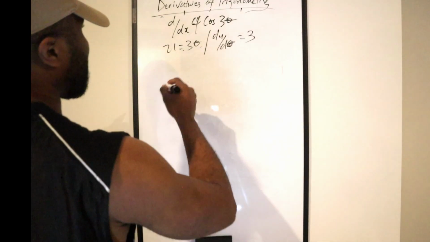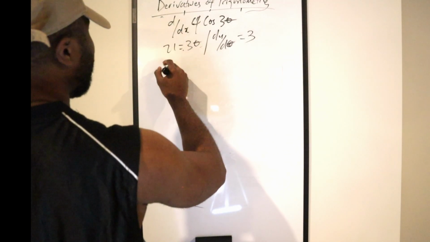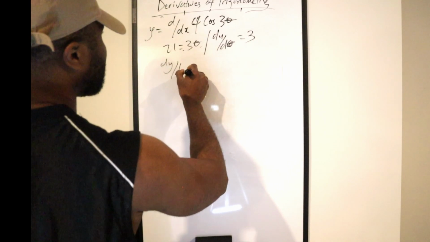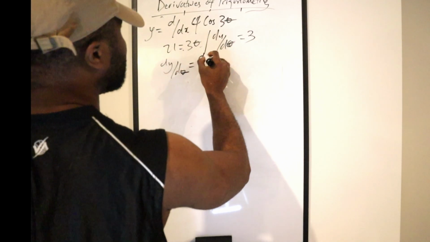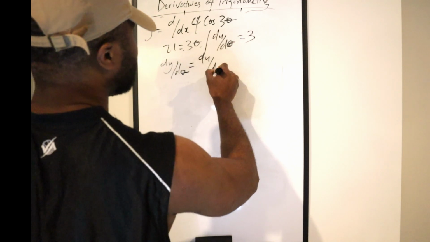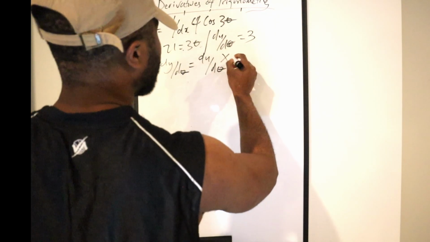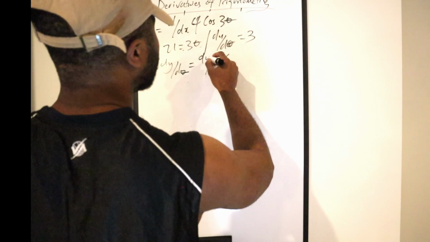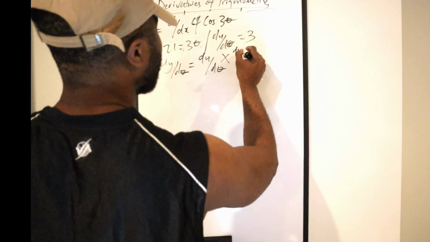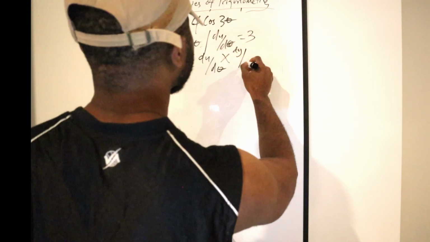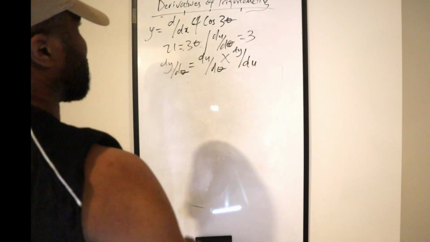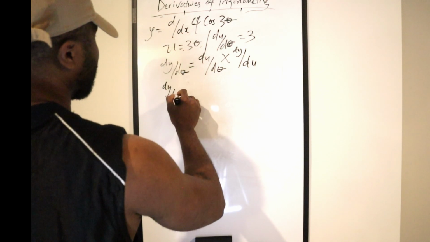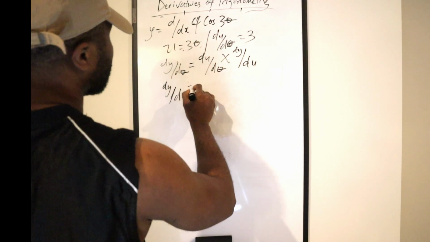Our goal here is to find dy, so we call this y, dy over d theta is equal to du over d theta times dy over du. So we have 3 here. We need to find dy over du.